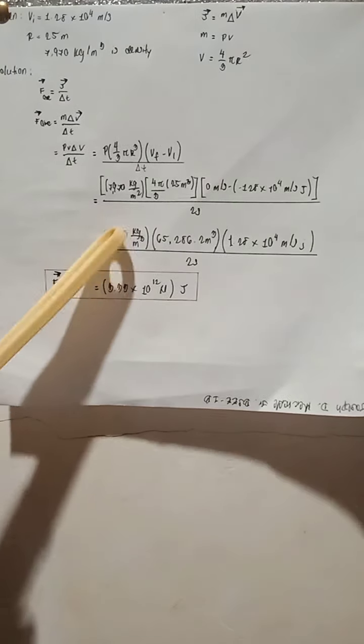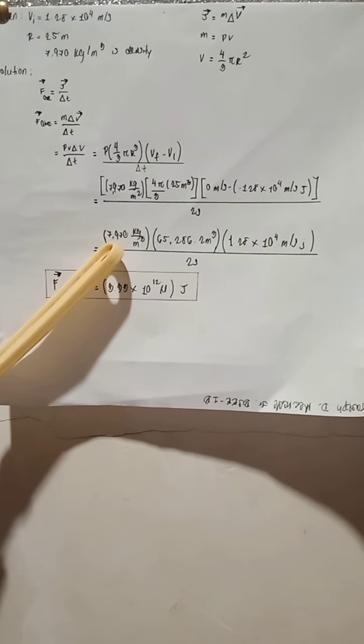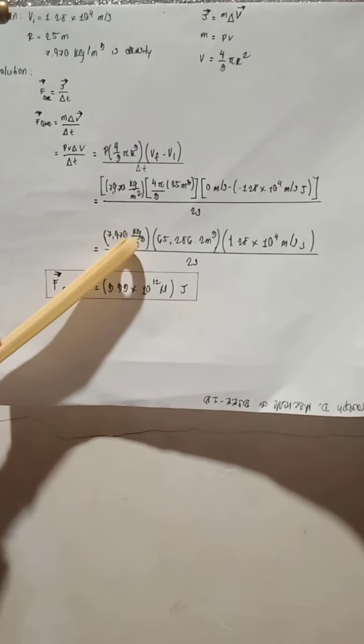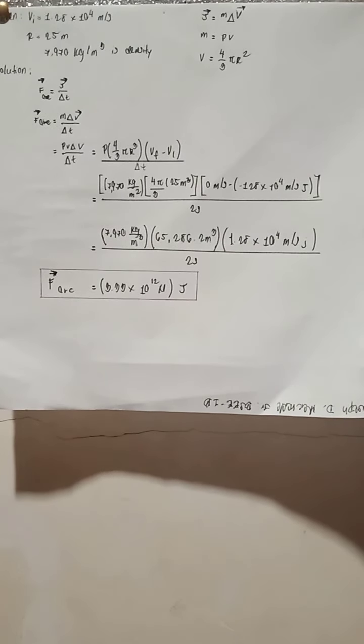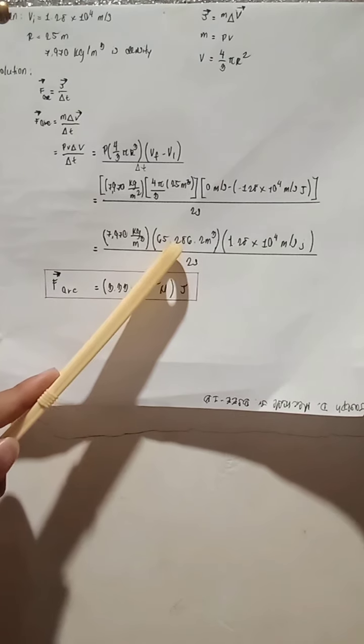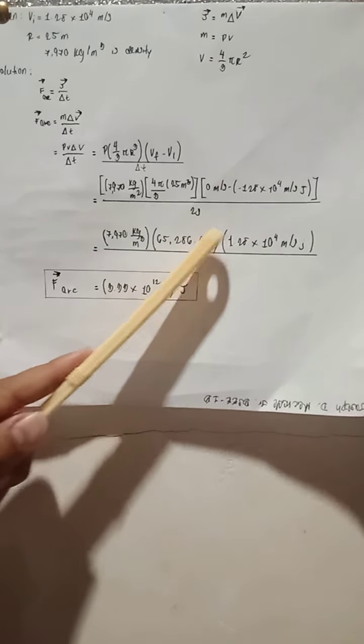So we are going to substitute this one. The quantity 7,970 kilogram over m cubed, then 65,286.2 m cubed.